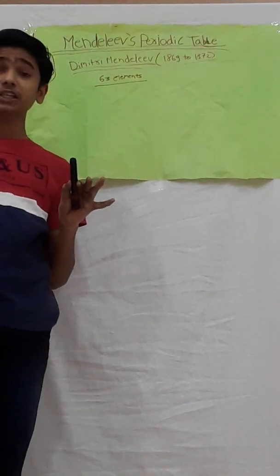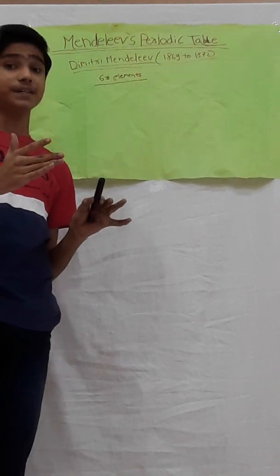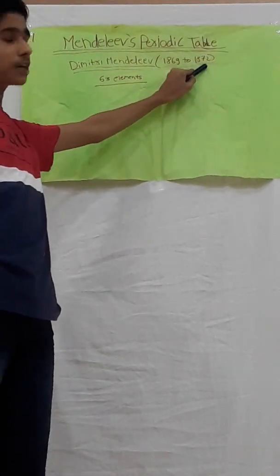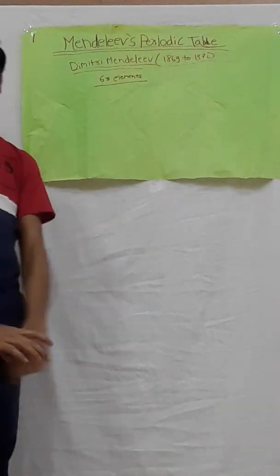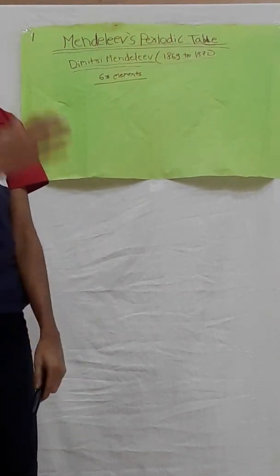The Russian scientist Dmitry Mendeleev developed the periodic table of the elements in the period 1869 to 1872. The atomic mass of the elements was the fundamental property of the elements.